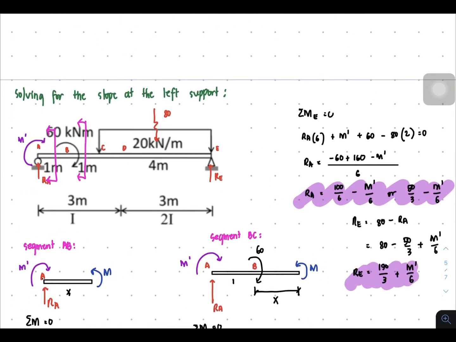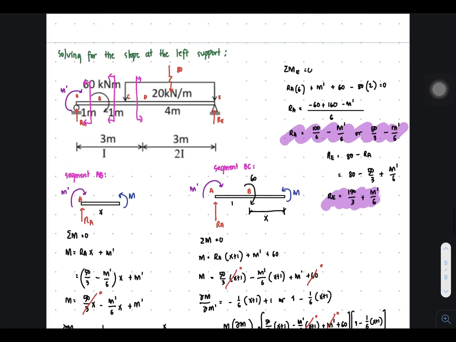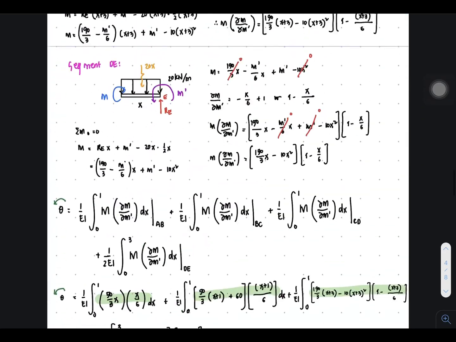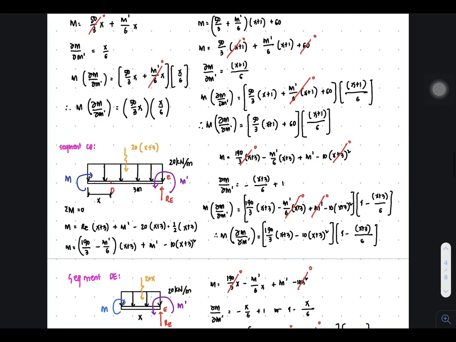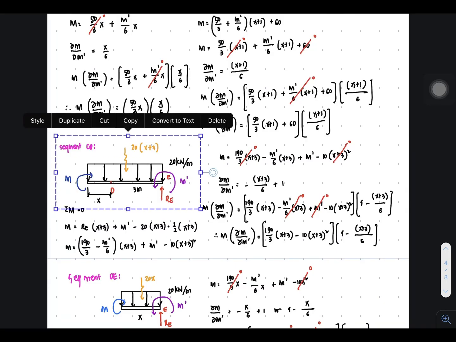So for the next segment, we will be cutting CD here and segment CD. So for segment CD, let's just borrow the previous segment CD here. Let's borrow this one.